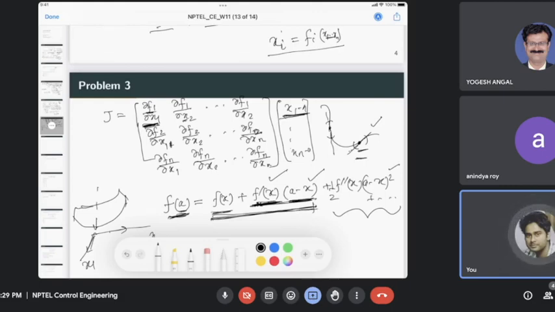Okay, you are at the point x, and you want to go to point a. So what is then the change of this function? This will be just this term, right? Because in the linear term we know that it's just slope times this difference. If you are at this point and you want to reach this point, what is the change? This is just this slope times this difference, in the linear case, for a line.